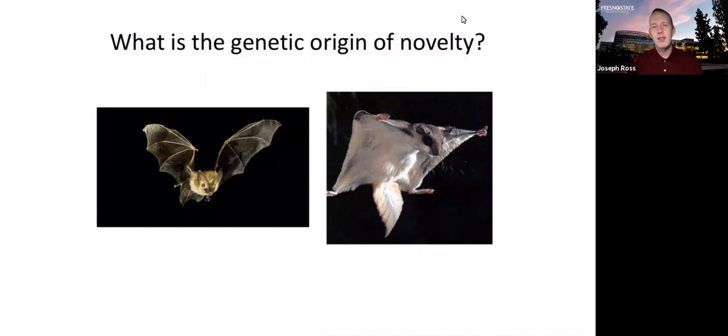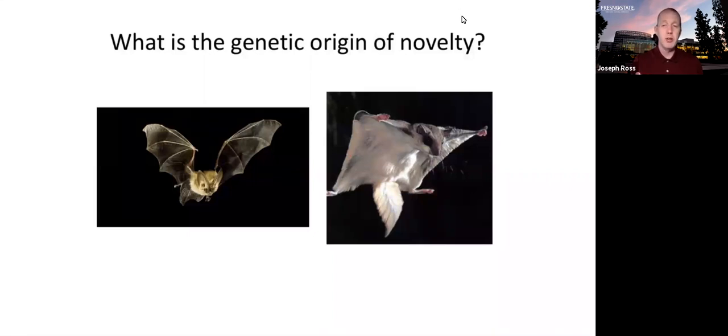So in a sense, this is the ability of development to produce the same sorts of traits or abilities, but using different developmental mechanisms. That is, the cells and the types of cells that are in the flaps of skin that let this, actually, is that a flying squirrel or is it a sugar glider?